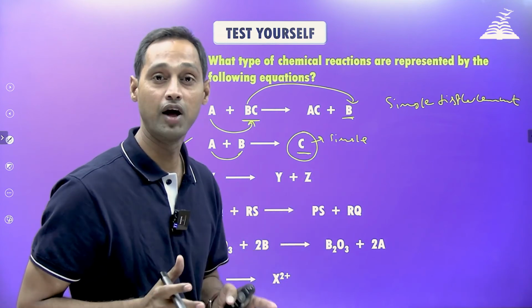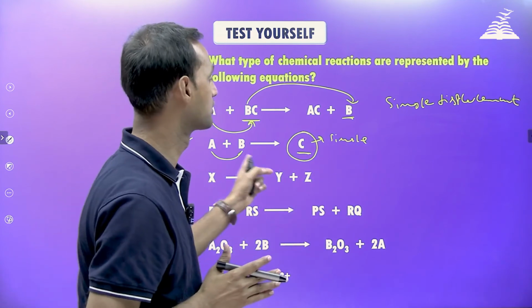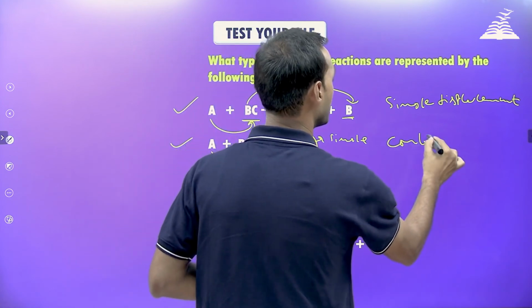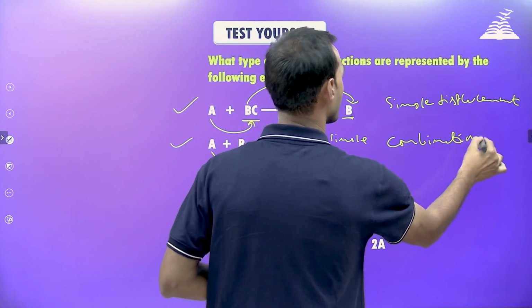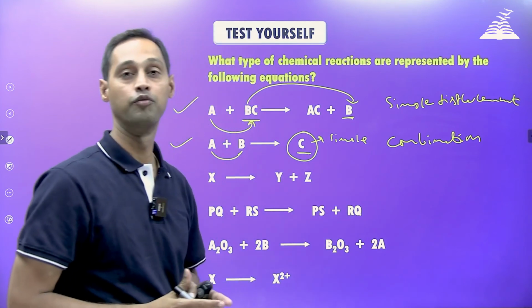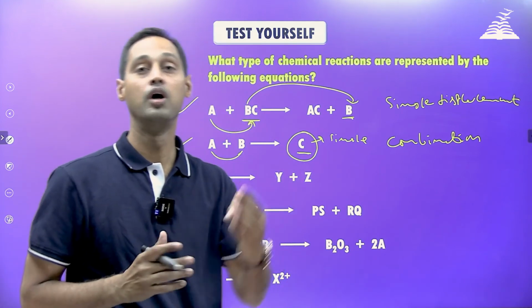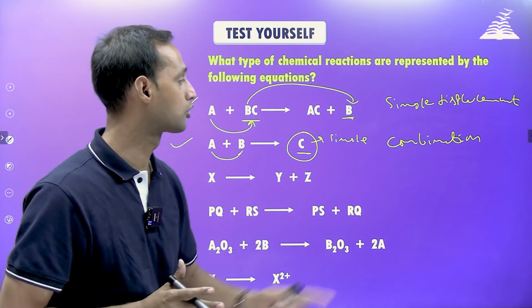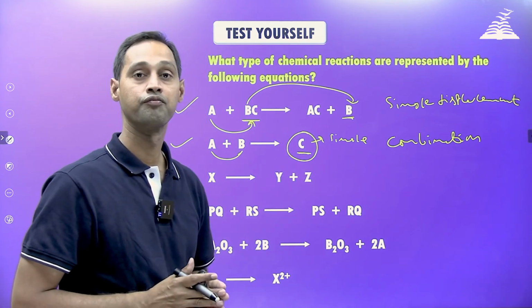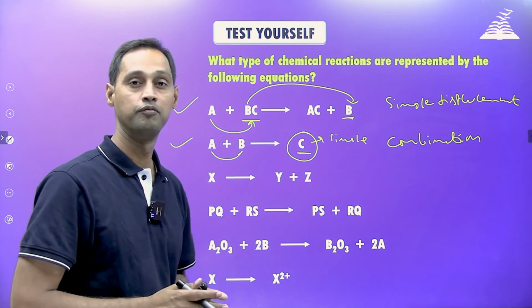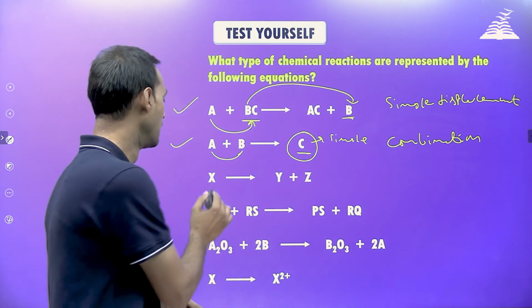So what kind of reaction is this? This is a combination reaction. In a combination reaction, a single substance is formed. Two or more substances come together to give a single new substance. Next, X gives Y plus Z. Very simple again, right?